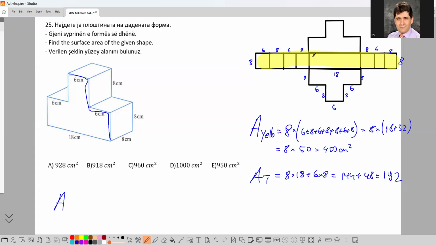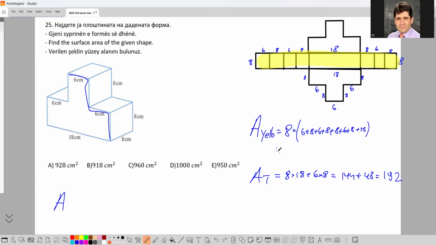So the total area, oh, we forgot the middle part here. I didn't write this part. All right, the T shape is correct. So we need to add another 18 here. Yeah, that's it.